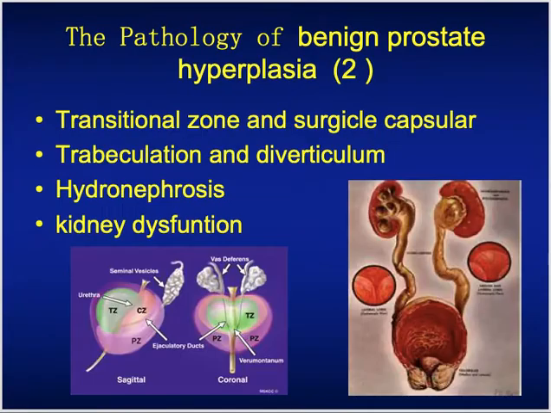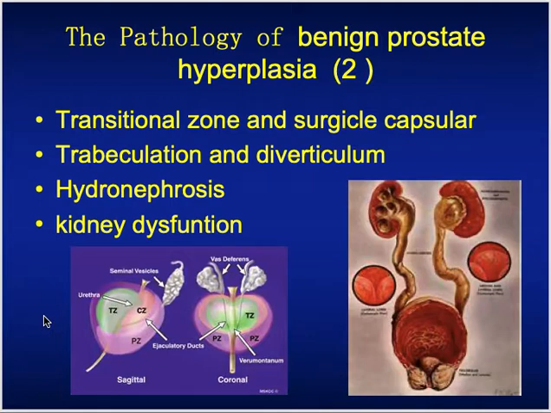Okay, and what happens is there are a lot of hormones which basically act on the prostate. As I showed you at the start, the 5 alpha reductase enzyme basically changes testosterone to dihydrotestosterone.